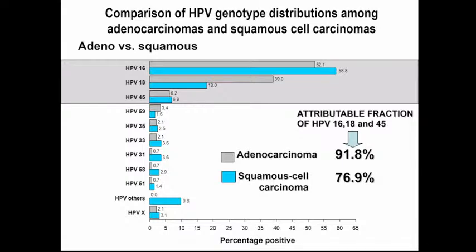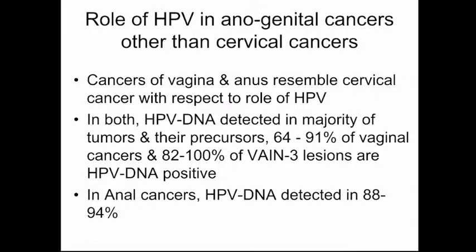So what about HPV in anogenital cancers other than cervical cancers? We have seen from the table that cancers of the vagina and the anus resemble cervical cancer with respect to the role of HPV, because HPV DNA has been detected in the majority of these tumors and their precursors.